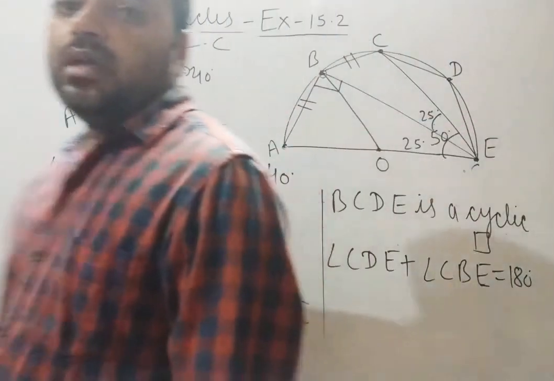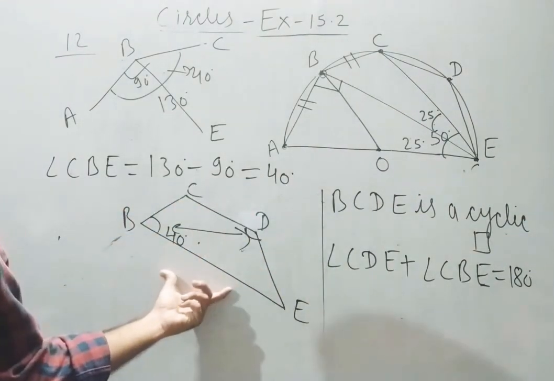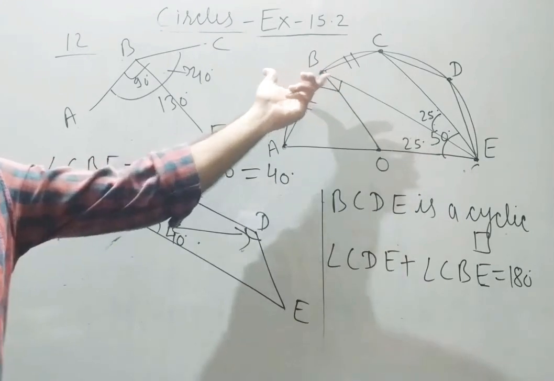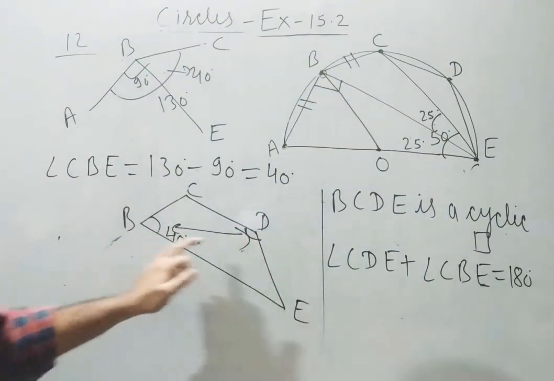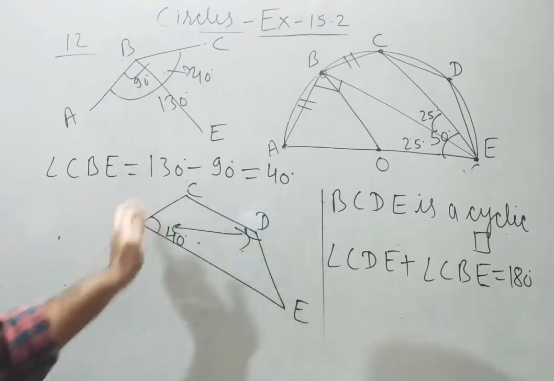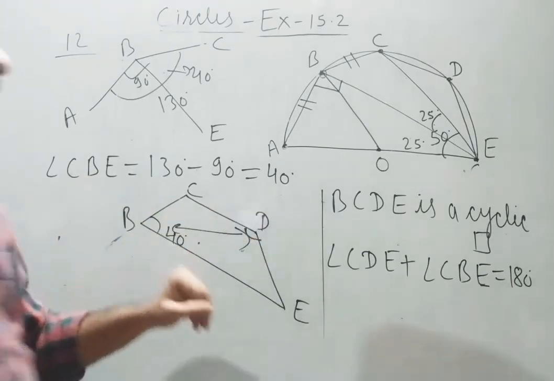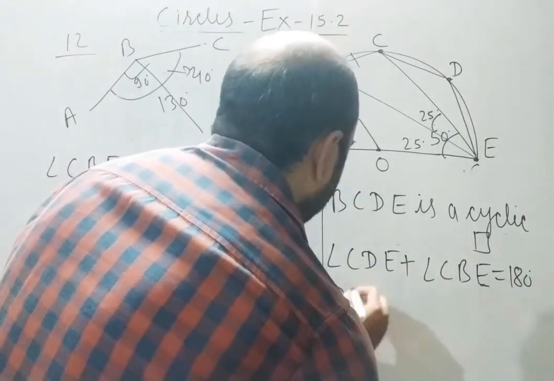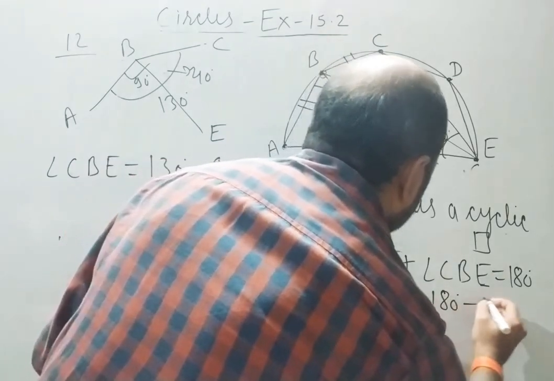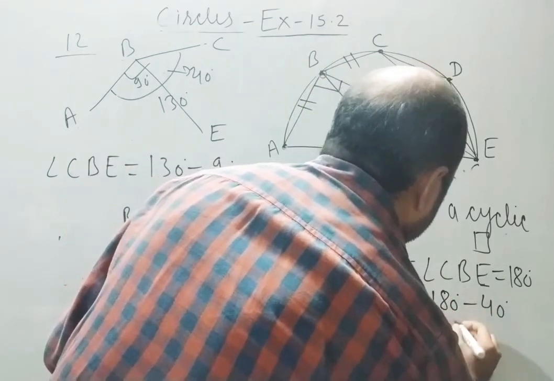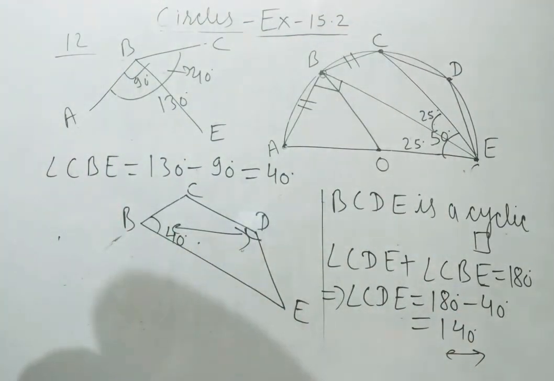Clear? See properly. BCDE is a cyclic quadrilateral. Why? The points are on the circumference and joined to form a quadrilateral. Therefore, opposite angles are D and B. CDE plus CBE is 180 degrees. Already we have calculated CBE as 40 degrees. It means angle CDE will be 180 minus 40, that is 140 degrees. Correct?